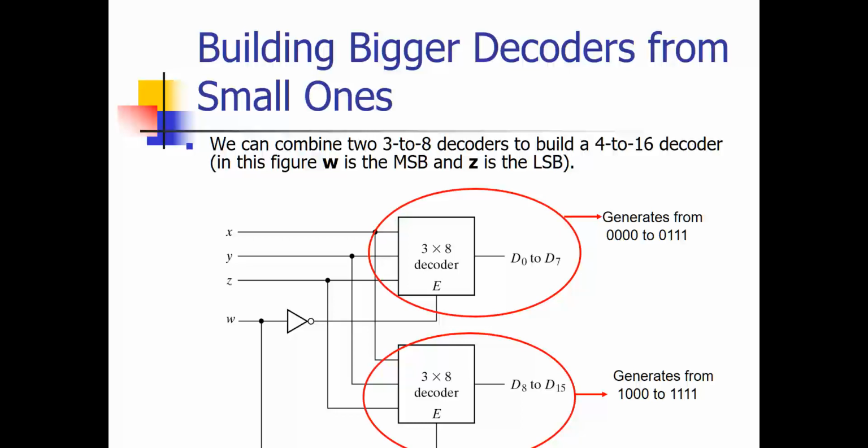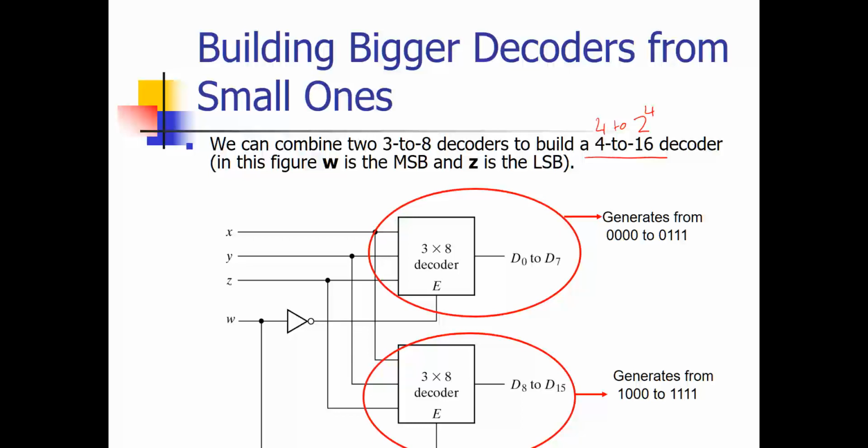In this case, he is trying to build, as we said, one of those design questions that always comes up: build this using that. Here he's trying to build a 4 to 16 decoder, notice 2 to the 4 is 16, using smaller blocks, which are 3 to 8 decoders.